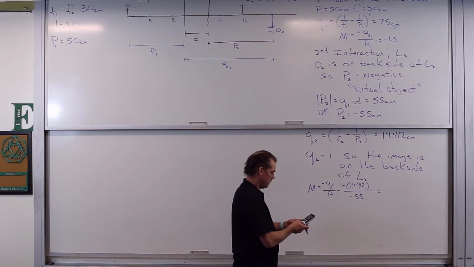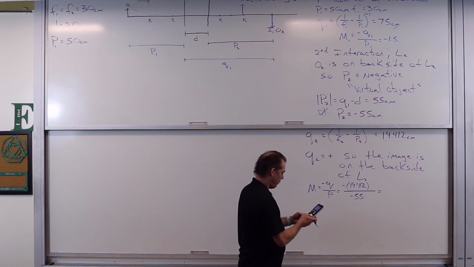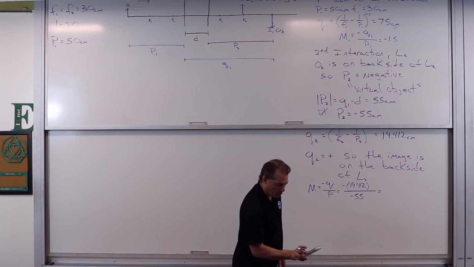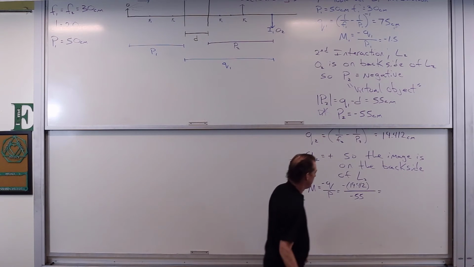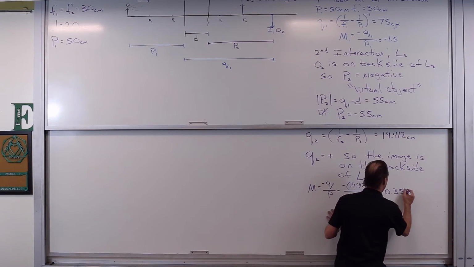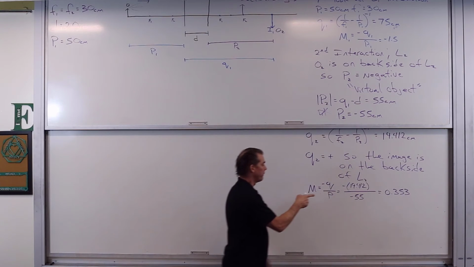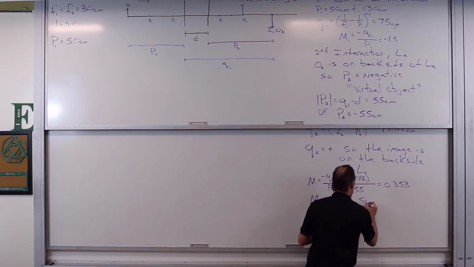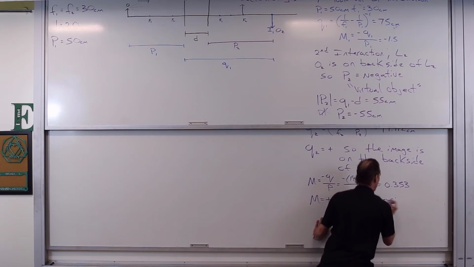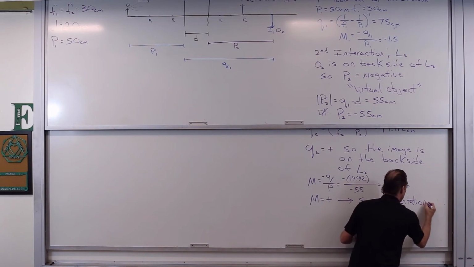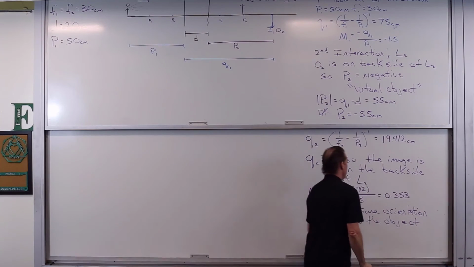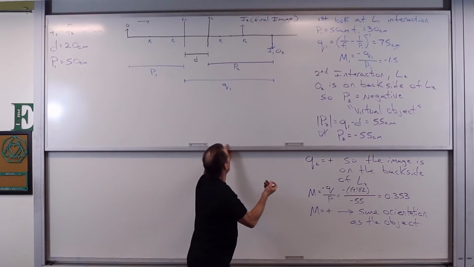It's something I overlooked, and you've got to be careful with it. We have 19.412 divided by 55. The negative signs cancel out, and we get 0.353. Positive magnification, M equals plus. Same orientation as the object. So it doesn't invert again.